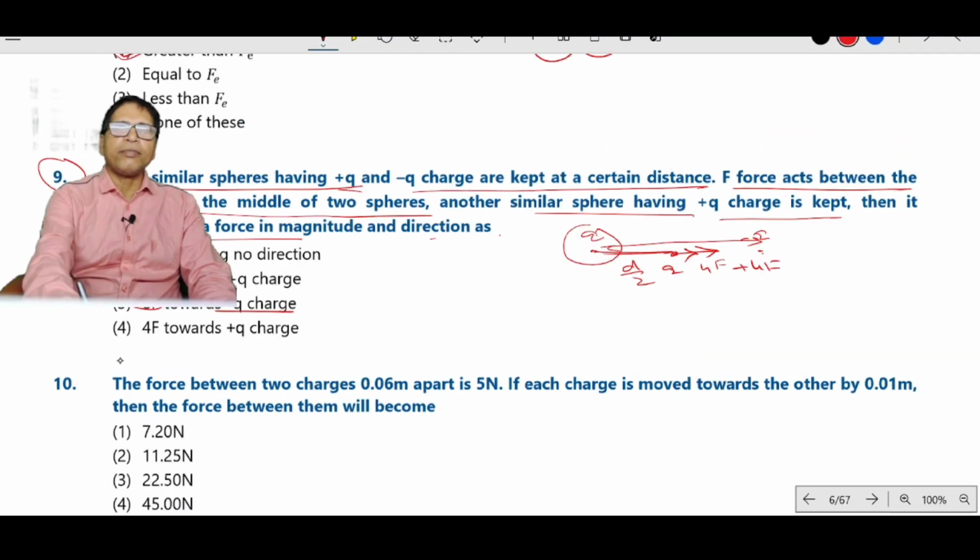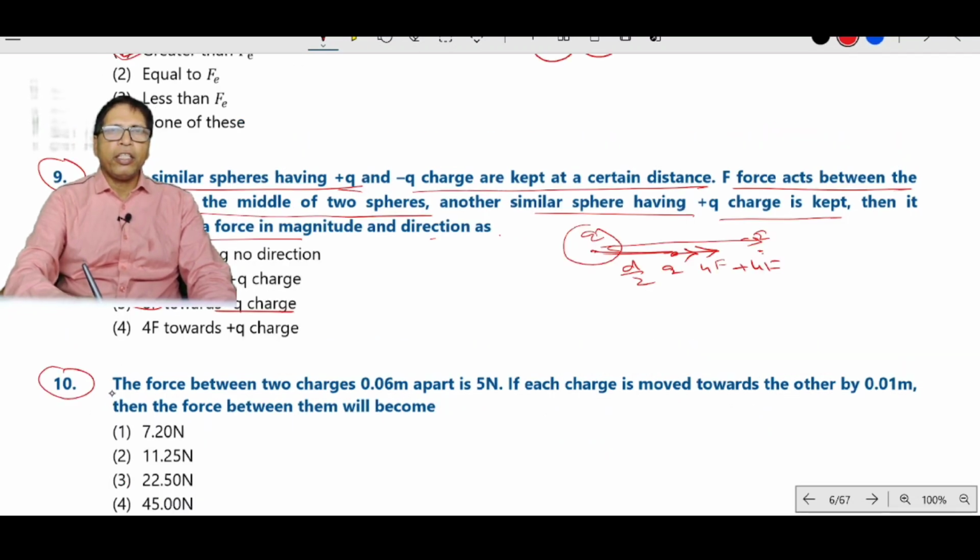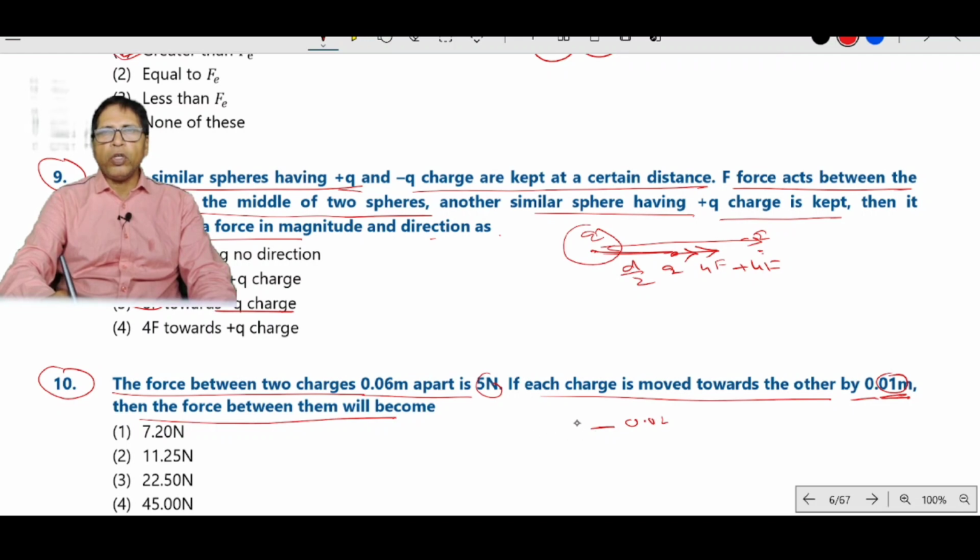Now question number 10. The force between two charges 0.06 meter apart is 5 Newton. Each charge is moved towards the other by 0.1 meter. What will the force between them be now? When each charge moves towards the other by 0.02 meter, the net distance decreases from 0.06 to 0.04.